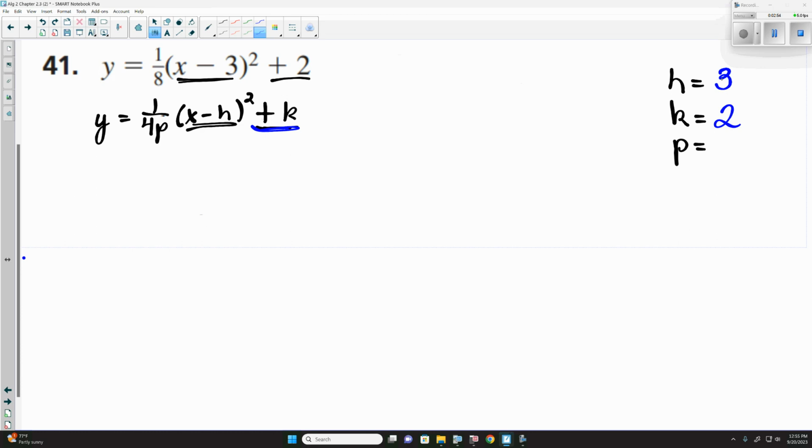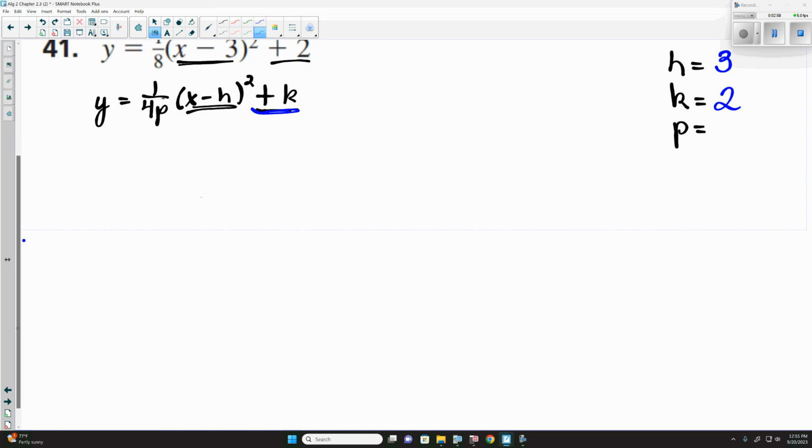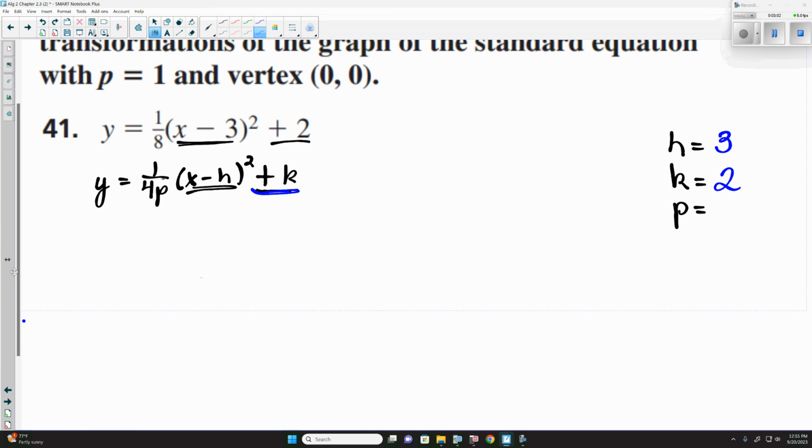Now at this point here, the only thing we're missing is the value of p. And to find it, we need to match it up with what we have. Now, in our general equation, p is located in the 1 over 4p. But what is that matching up with in our equation that was given? 1 over 8.